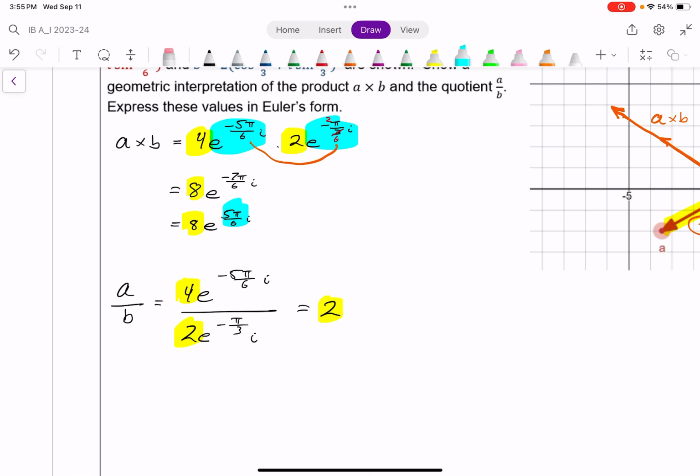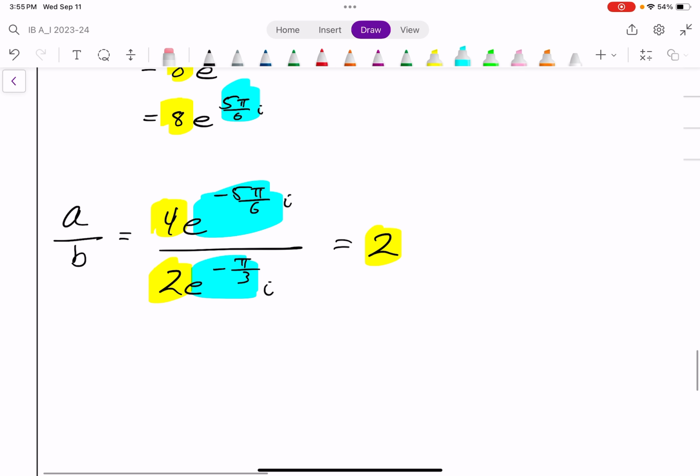And then since I'm dividing these, I'm really just subtracting my angles. And so it's negative 5 pi over 6 minus negative 2 pi over 6. So negative 5 pi over 6 plus 2 pi over 6, which is negative 3 pi over 6. Which times i, we realize, is negative half a pi.